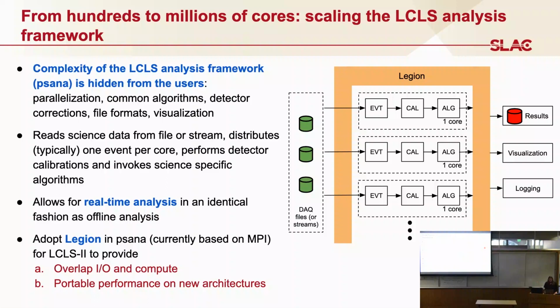One of the things that's helping us is to use Legion. The current version of PSANA uses MPI to do the parallelization, but there are some better ways of doing it, including this Legion software, or data model, that's coming out of Stanford, that does a better job of overlapping I/O and compute, and hides the complexity of moving from an architecture of, say, CPUs to a GPU-based architecture.